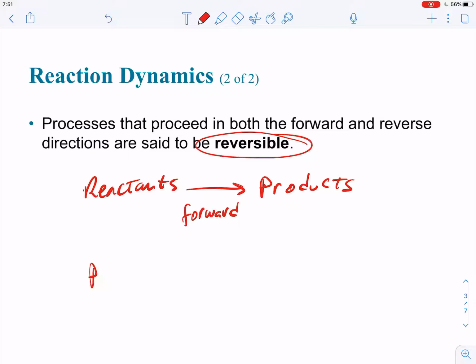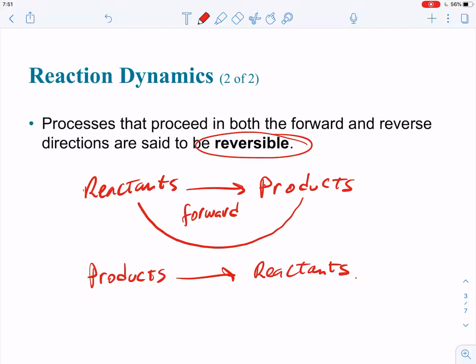And then you have products going to reactants. Okay, I'm just writing that in the normal way that we see reactions, but what is happening is that the products are going back to reactants, and as such, it's like you are going in reverse, and therefore we call this the reverse reaction.